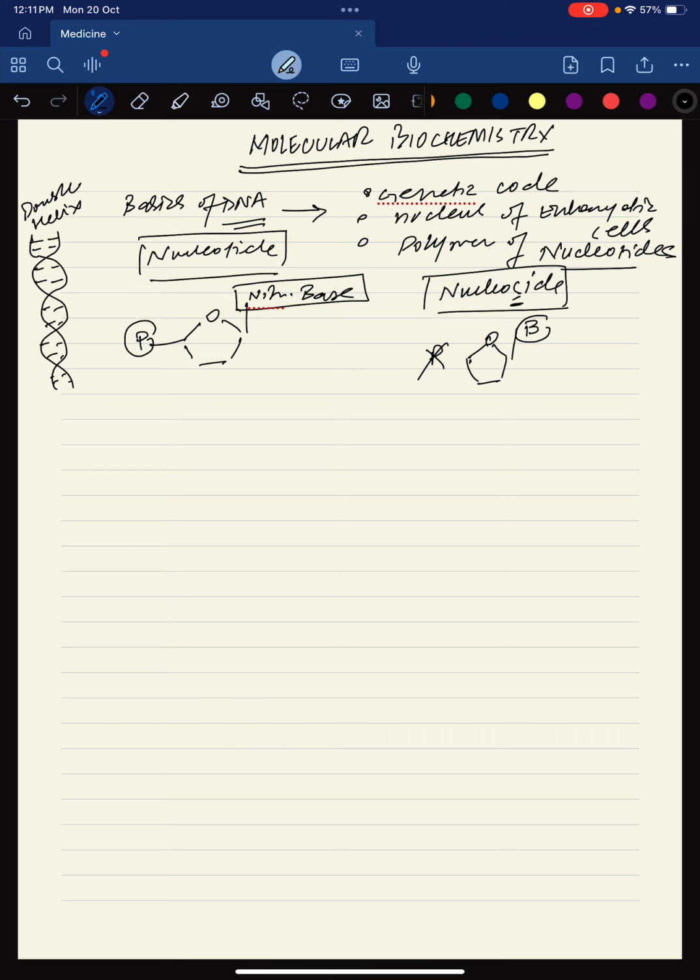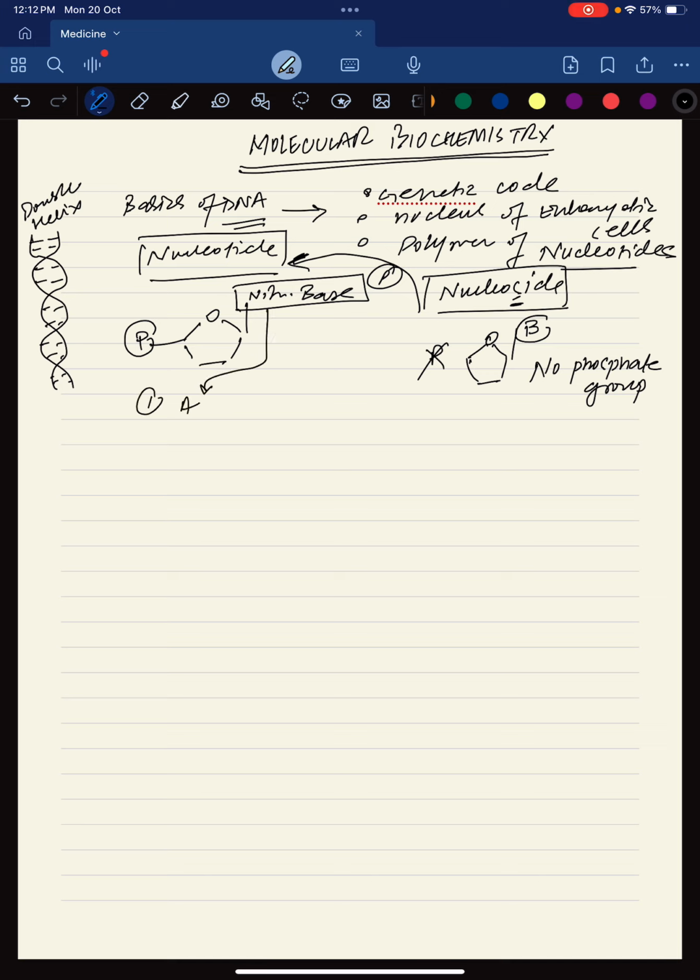So there is no phosphate group in a nucleoside, which is basically the precursor of the nucleotide. So when the phosphate group attaches, it forms the nucleotide, right?